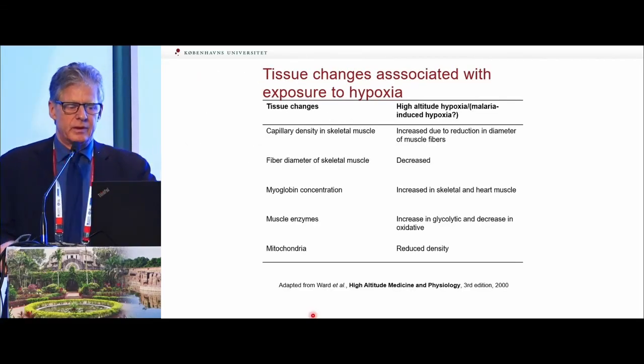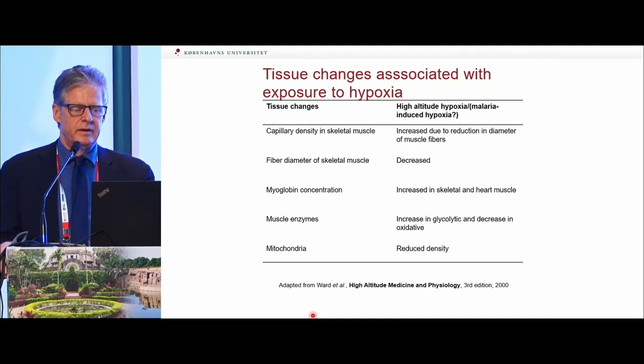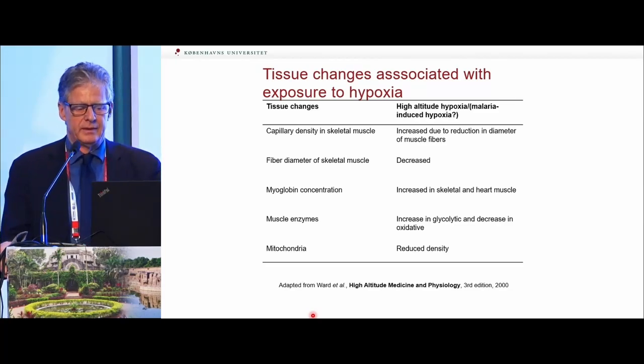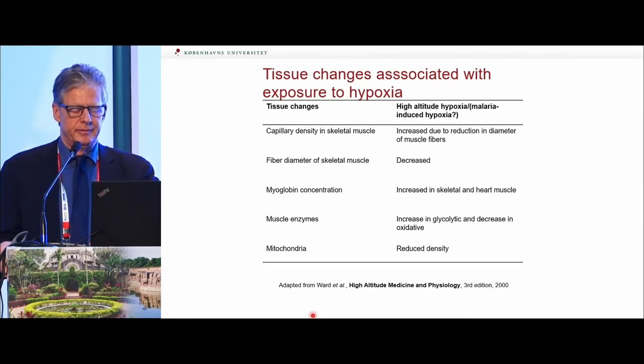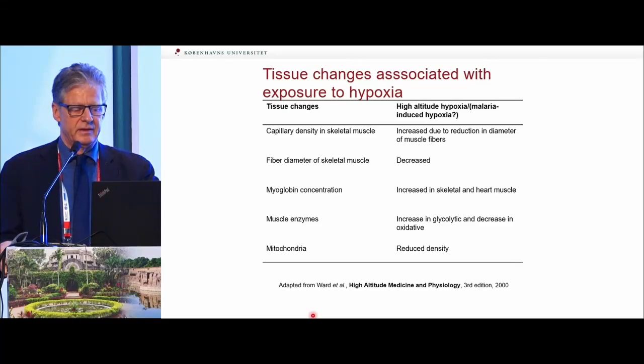And again, looking at the tissue changes associated with exposure to hypoxia, so high altitude, there are quite some important features you can see. Skeletal muscle, as I showed before, is being affected. Also, myoglobin concentration is increased in skeletal and heart muscle.